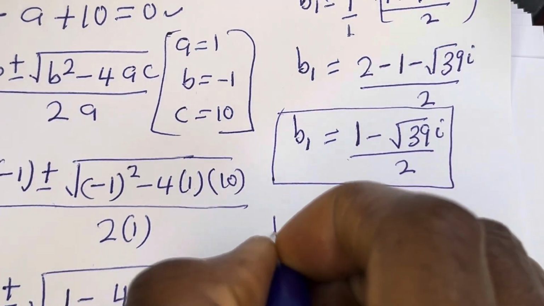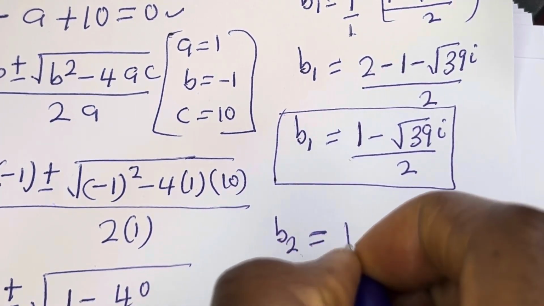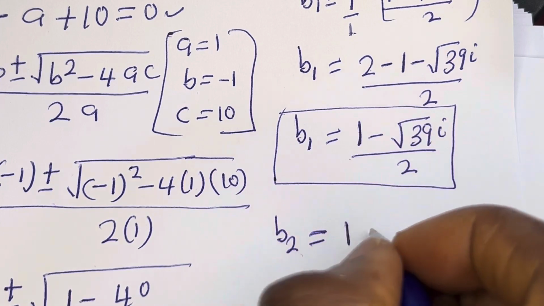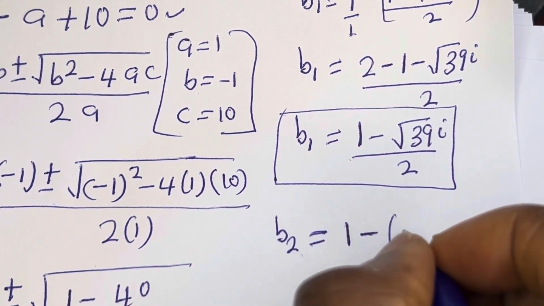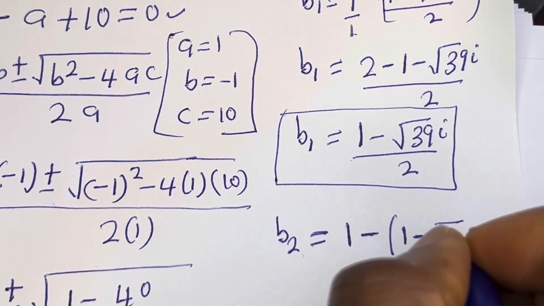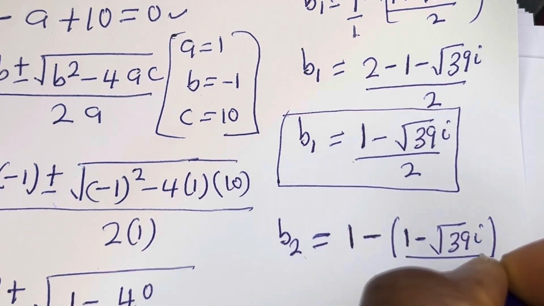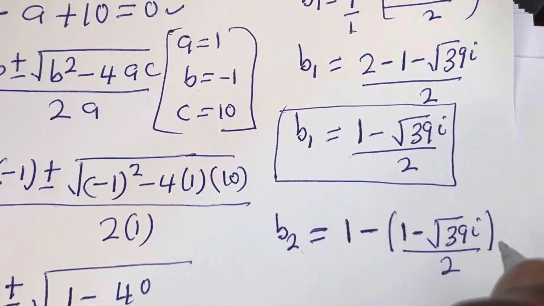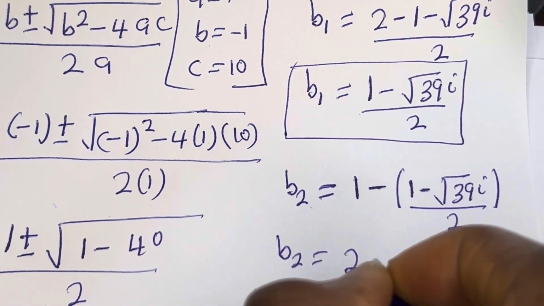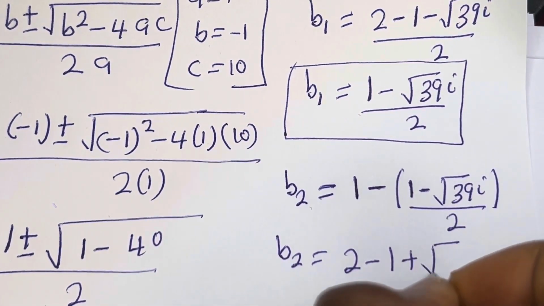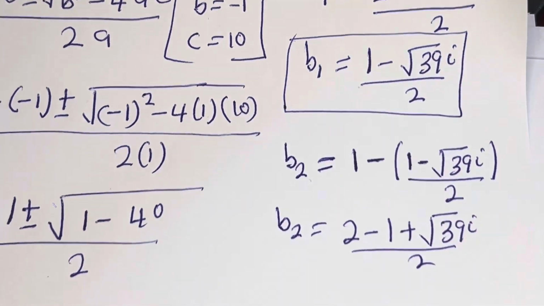Also, b2 is equal to 1 minus a2, which is 1 minus (1 minus square root of 39i over 2). b2 is equal to 2 minus 1 plus square root of 39i over 2.